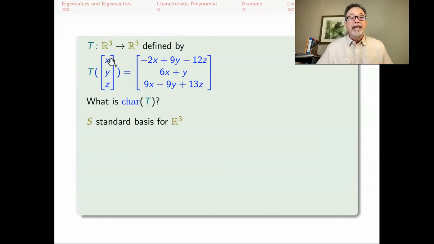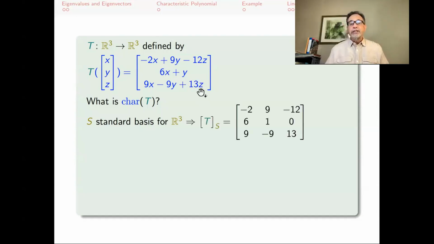That amounts to putting x equals 1, y and z equal 0, and you will get minus 2, 6, 9. Since this is the standard basis, it's already written in terms of the standard basis, and so that will be the first column of the matrix. Likewise, 9, 1, minus 9 will be the second column, and minus 12, 0, 13 will be the third column.